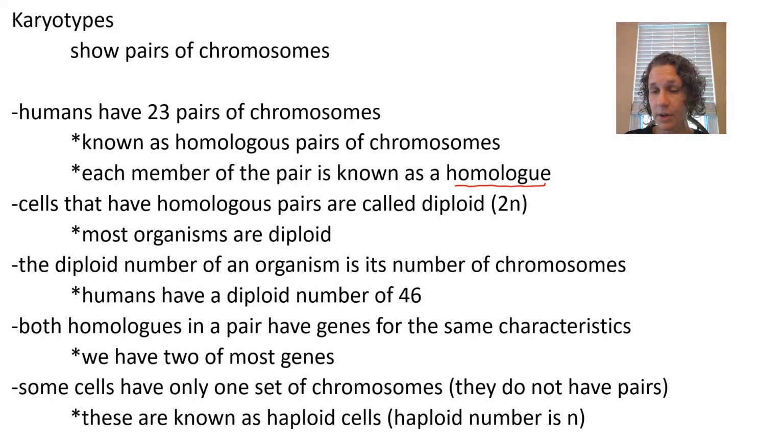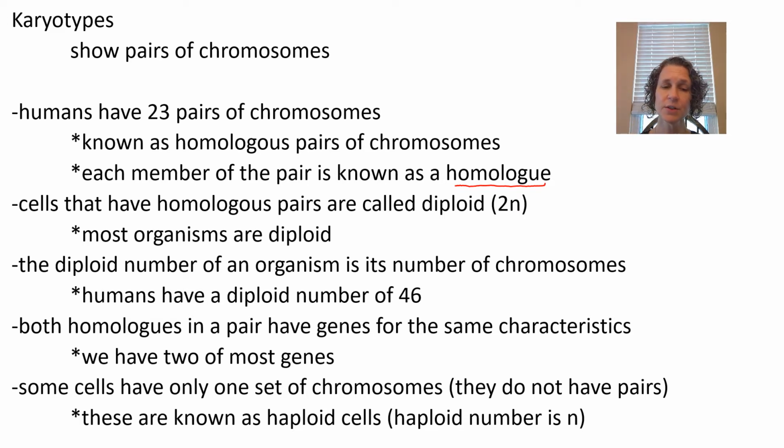It could be passed on, but you don't see it. Sometimes you'll see an expression of both of those characteristics. So you might have hair color that's kind of in between, but you have genes from both your mom and dad for every characteristic that you have, even if you don't show that characteristic.